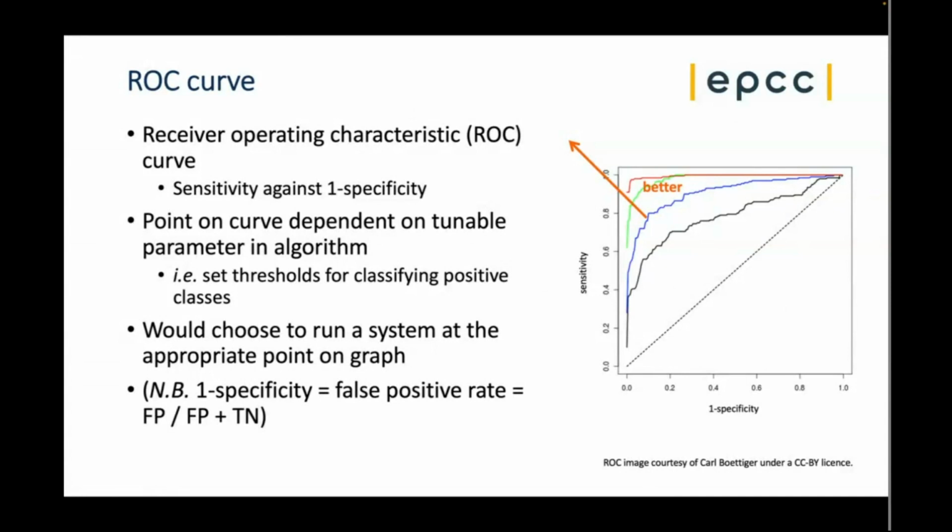The number being close to 1 is good, and close to 0 is bad. It measures the area under this curve. So if you have a curve that's close to this corner, nearly all of the area is under the curve, so you get an area of 1. If you had a curve like this, close to this corner, the area under the curve is close to 0, because you haven't got much space underneath it.